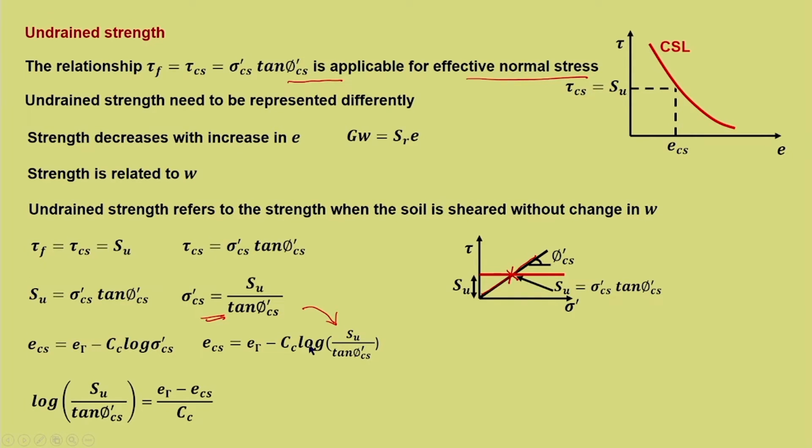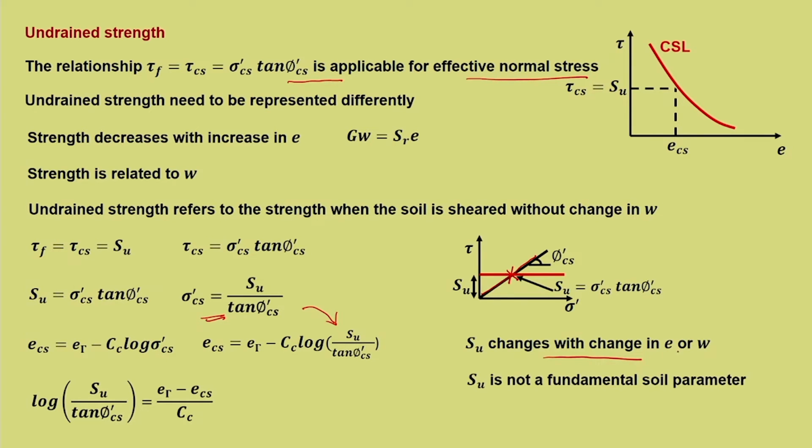So, this goes on the left side, we have Cc log Su upon tan phi dash Cs is equal to E gamma minus ECS upon Cc. So, here you are relating Su as a function of ECS and other parameters. Here you can see Su changes with change in E or W, which we have already explained.